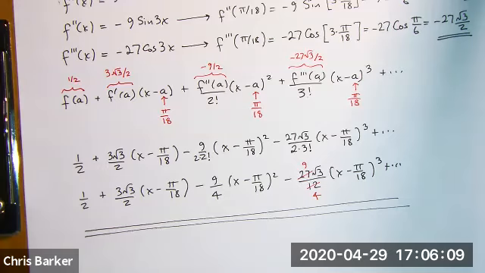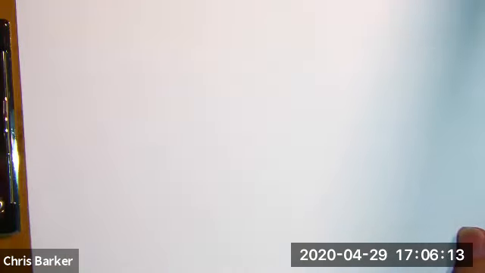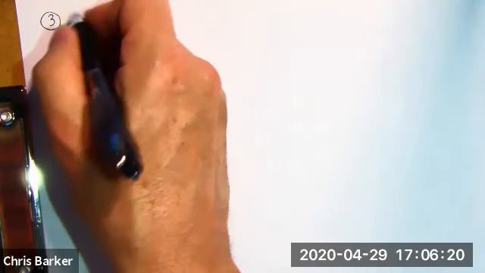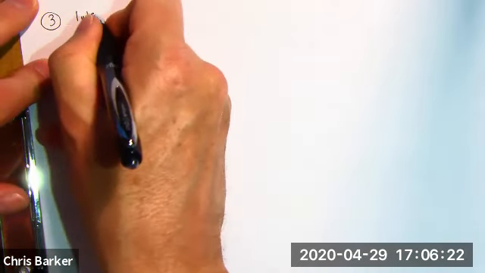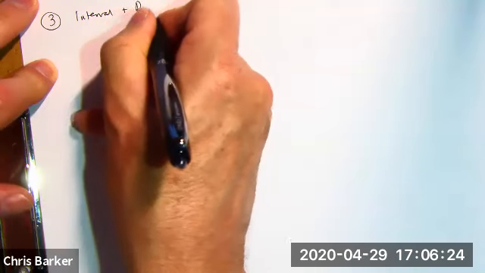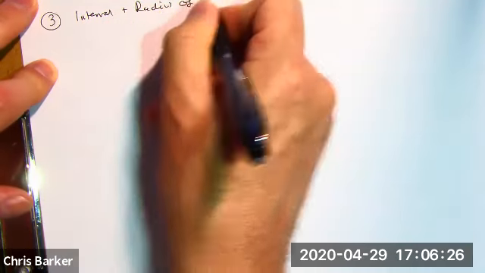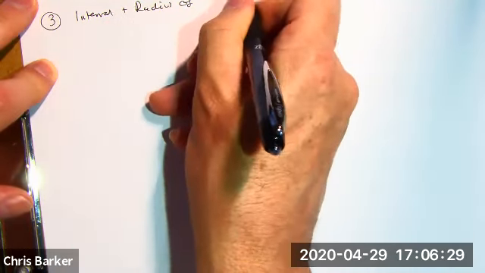Now what most people would say is the hardest problem on the test, problem 3. I mean, we did a bunch of these already, so I don't think you'll find it too hard. They want the interval and the radius of convergence of this power series.